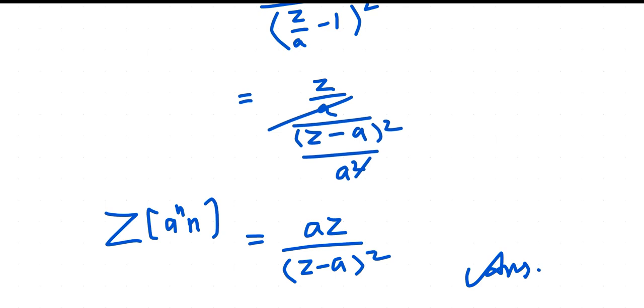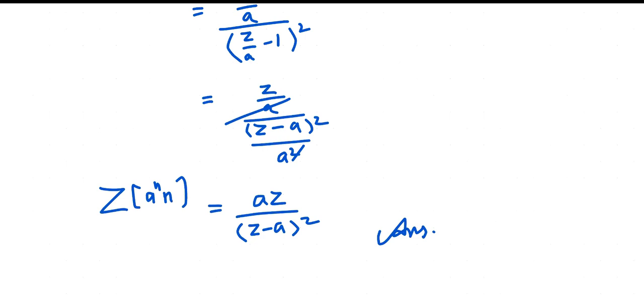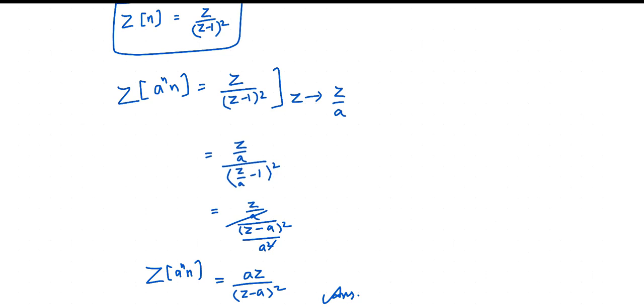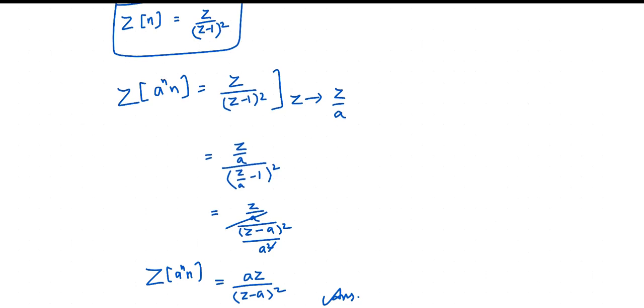According to the first formula, when we use a to the power n together with f(t), that will be equal to F(z over a), because everywhere instead of z we have z over a. You got now?